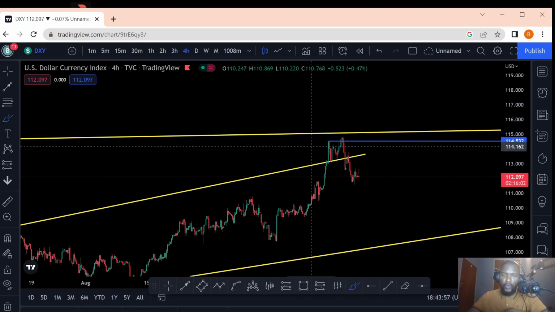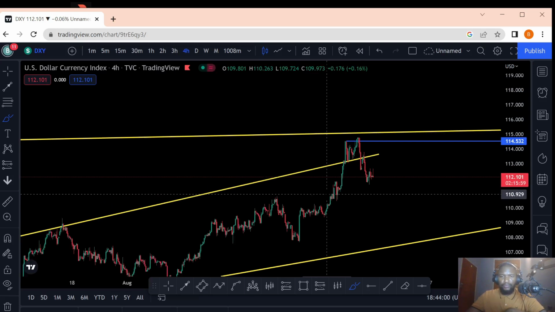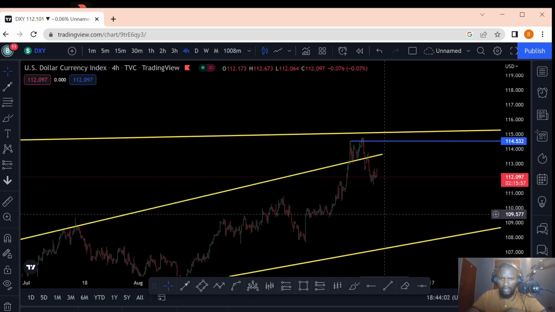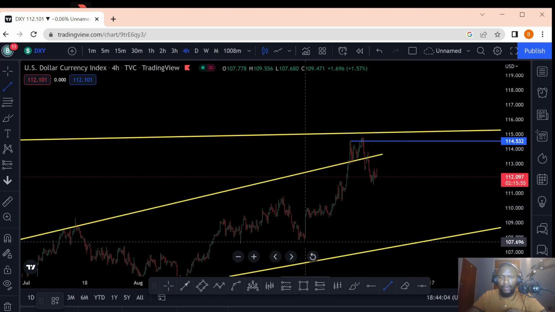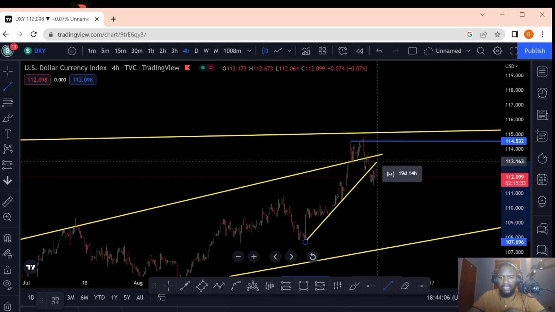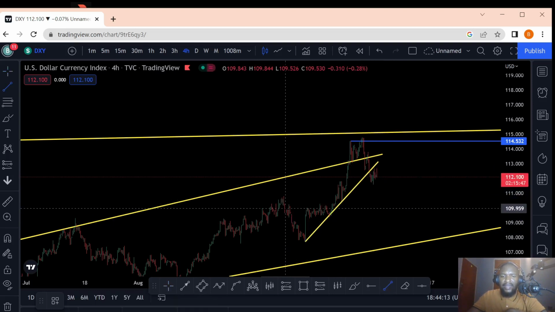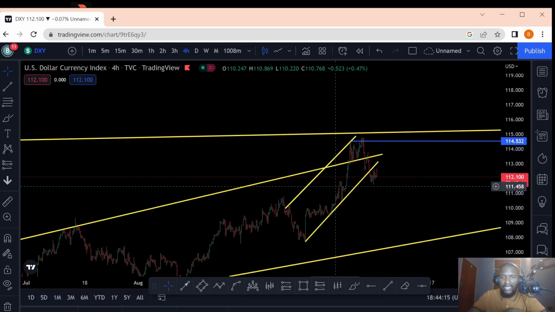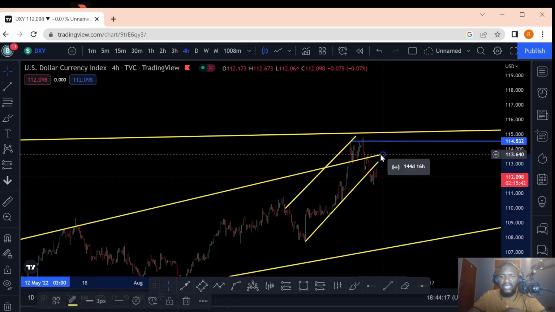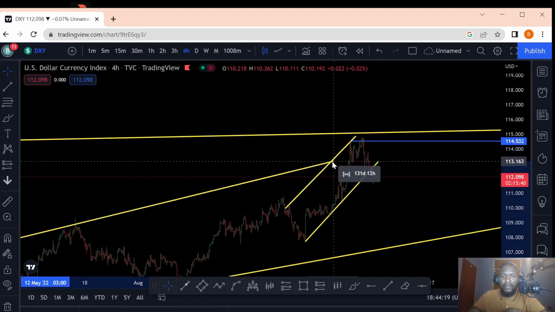But you need to open your eyes in a way that you can see, okay, this is more of a reversal pattern, because now the market gives us higher highs and higher lows towards the third touch. This will give us a signal that the market is about to reverse.